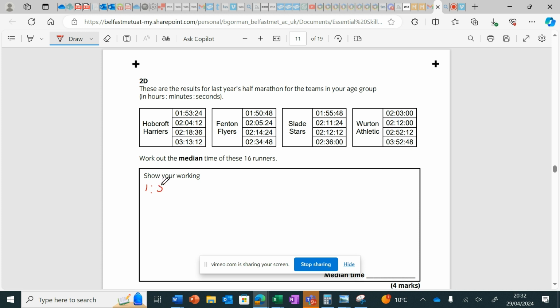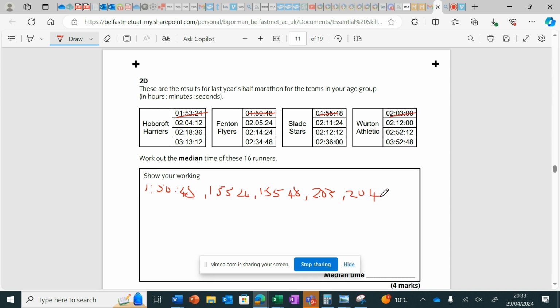So we have 1.50.48. That's that one. What comes next? We've got 1.53.24. We've got 1.55.48. We've got 2.03. We have 2.04.